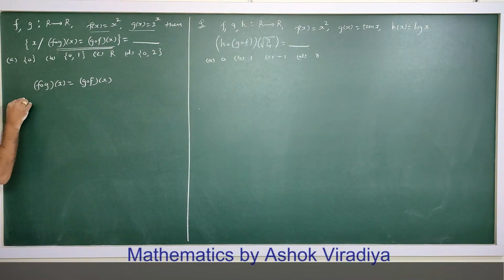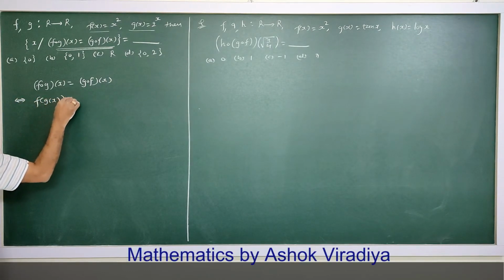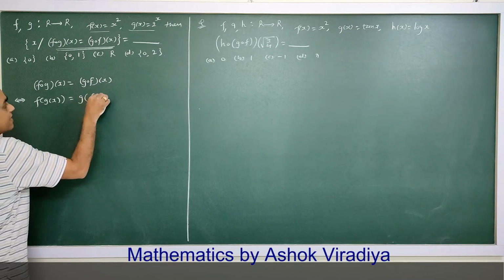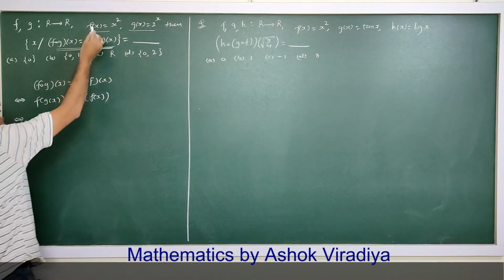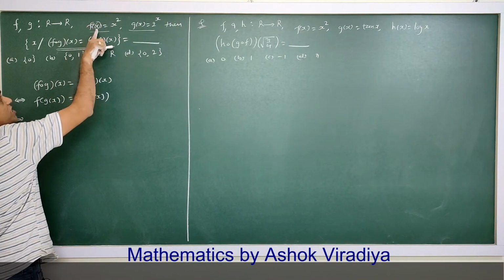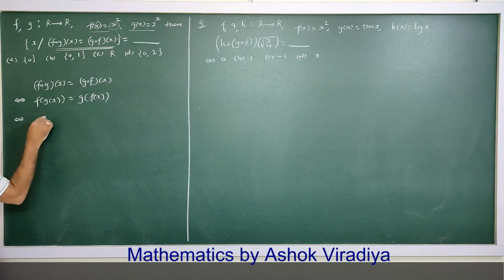It is equivalent to say f(g(x)) equals g(f(x)). If you put here g(x), then f(g(x)) is g(x) square.